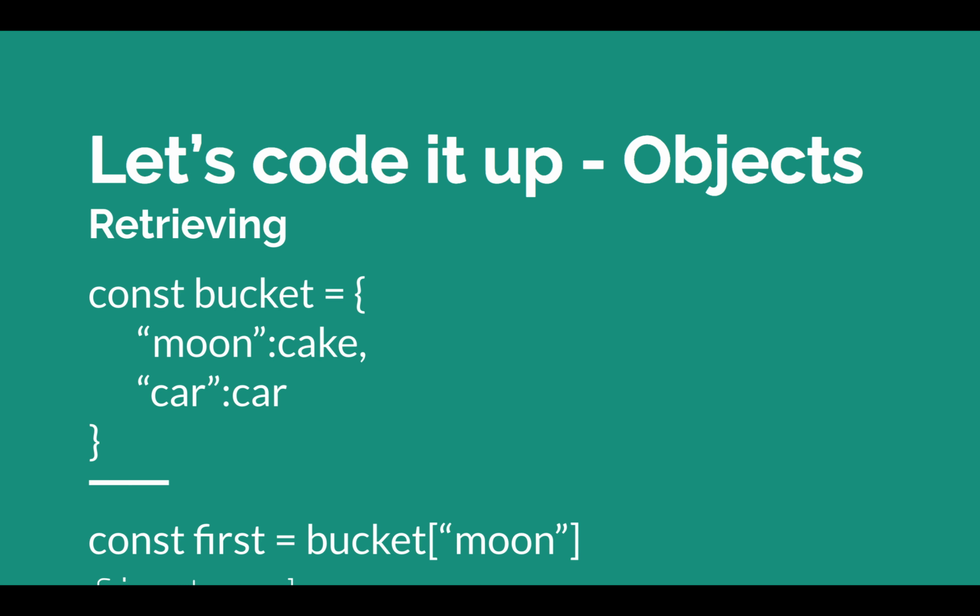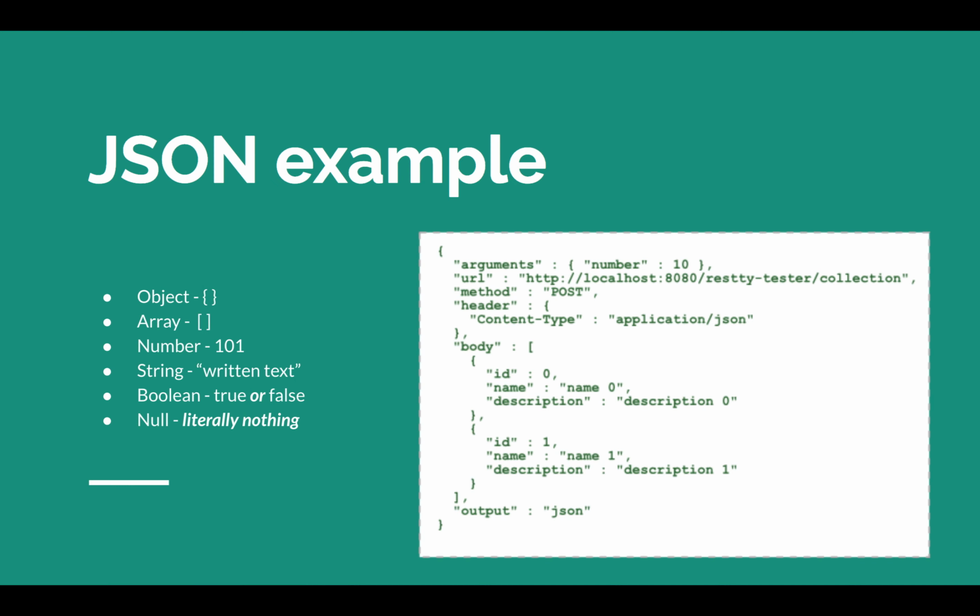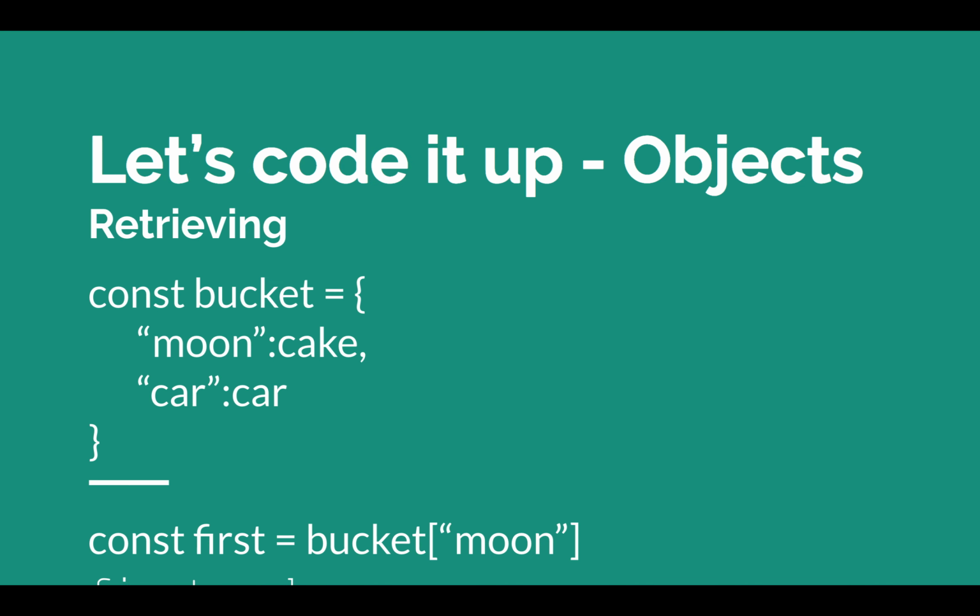Oh boy, that's gone off the bottom of the screen, that's no good, but basically first will equal cake. So what it does is, inside bucket, it looks for the label moon, and it will assign to the variable whatever it finds. So if moon didn't exist, that variable would be undefined. And basically, yeah, that's how it goes.